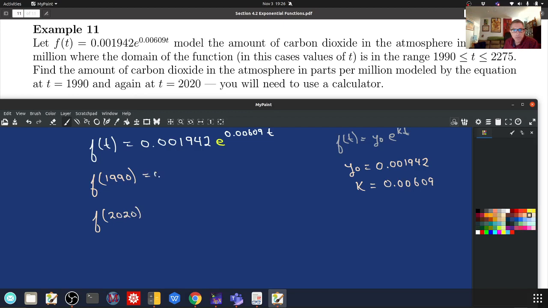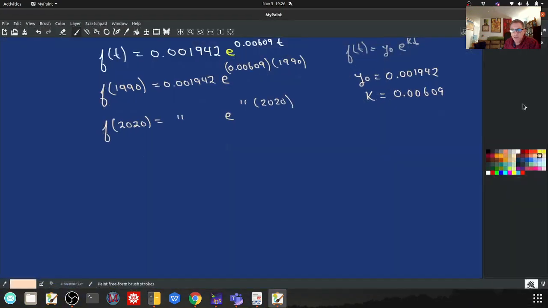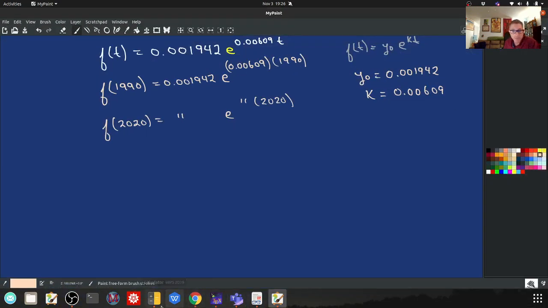So this is going to be 0.001942 times e raised to the 0.00609 times, and what is my value of t? 1990. And down here it's the same, but we're raising it to the power of 2020. So let's go ahead and do this, again with a calculator.